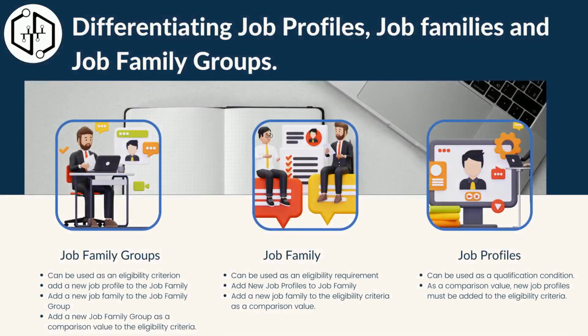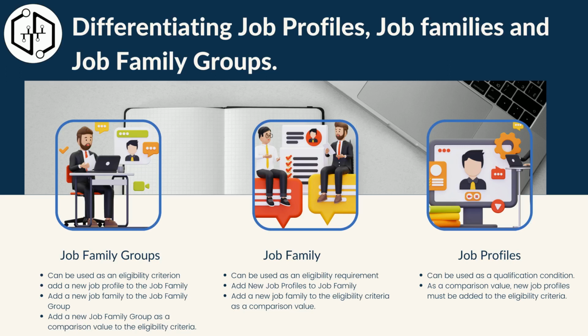Differentiating job profiles, job families and job family groups. Job family groups can be used as an eligibility criterion. Add a new job profile to the job family. Add a new job family to the job family group. Add a new job family group as a comparison value to the eligibility criteria.